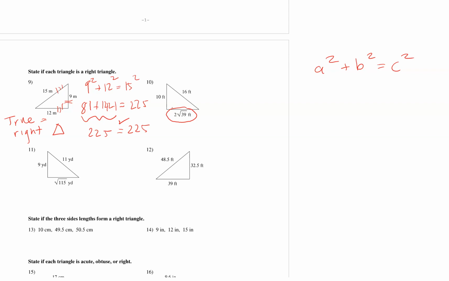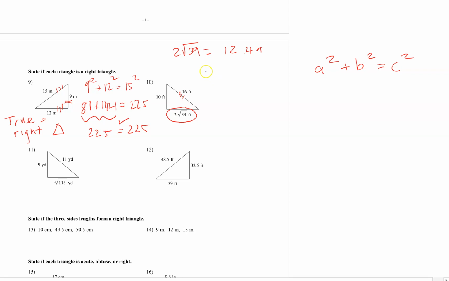This is where you should put it into your calculator. So for this one, 2 rad 39 placed into your calculator is going to be around 12.49, right? So that means that this is around 12.49. Therefore, the 16 is going to be my assumed hypotenuse because that is the largest number.